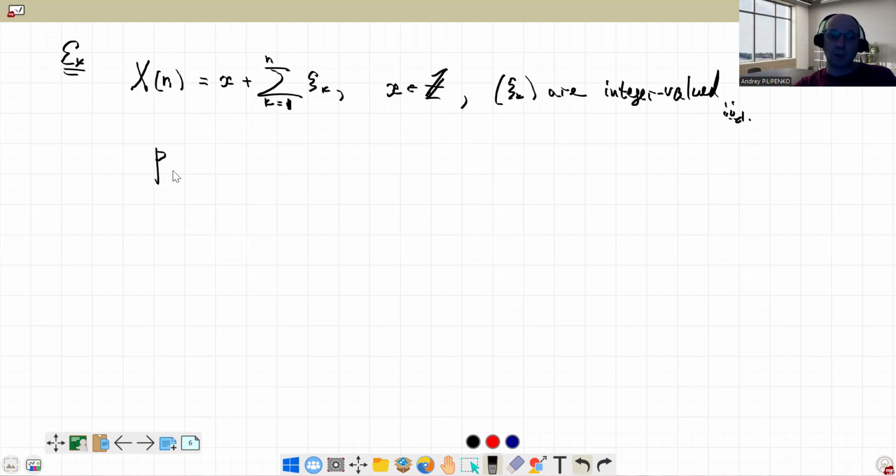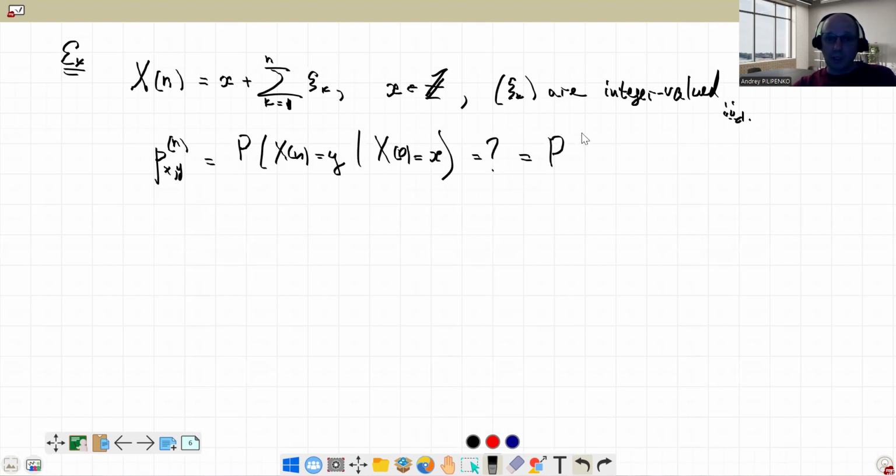Well, I wish to calculate the probability that X_n is y given X_0 is x. And this probability is equal to the probability that the sum of psi_k is y minus x.